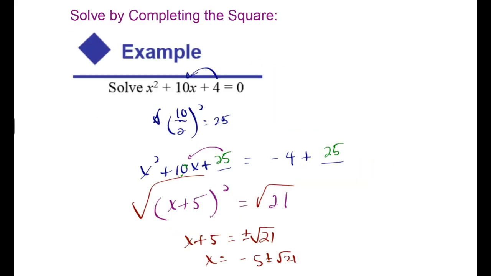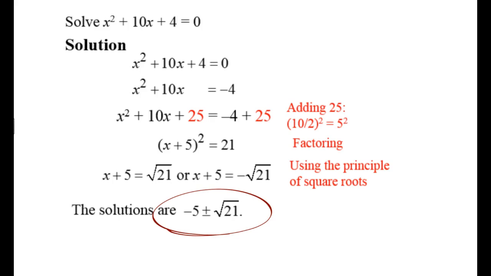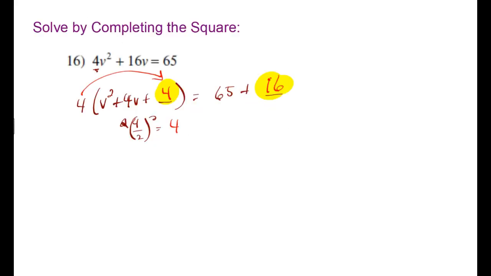So over here with the leading coefficient of a 1, I didn't have to worry about that. I was adding 25 to both sides because I wasn't distributing anything. I'd never factored anything out. But over here, the total weight that I've added is 16. So on this side, I'm left with 4 times the quantity v plus, and it's always just this number, half the middle term, quantity squared, is equal to 81.